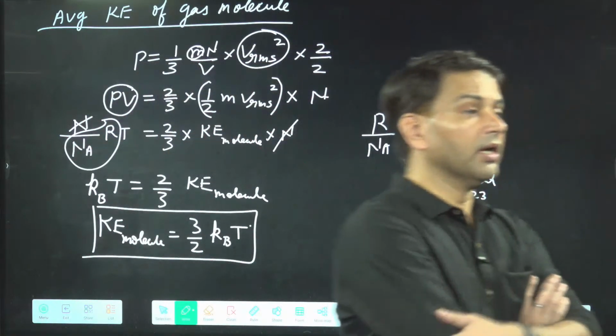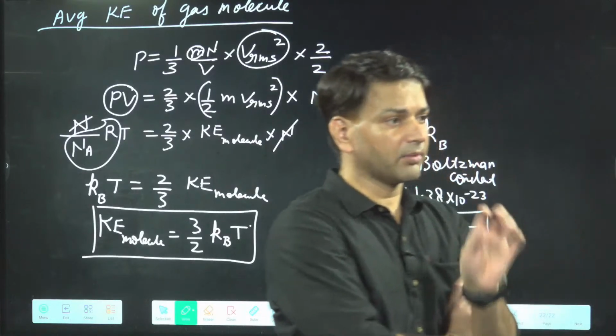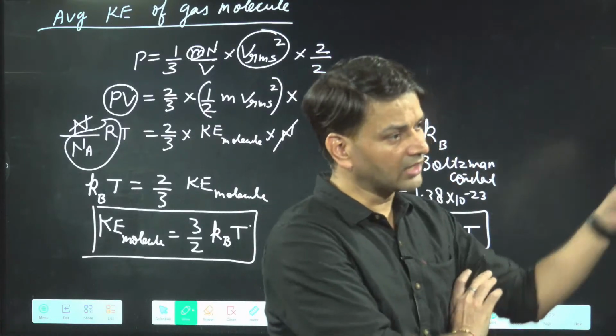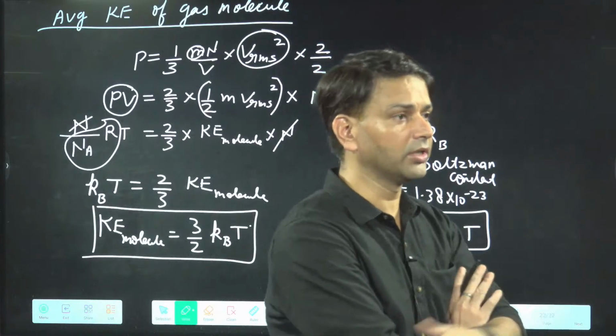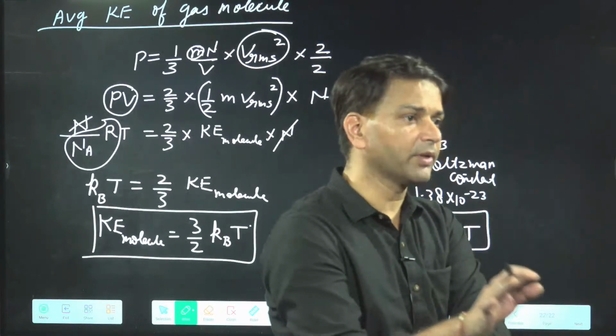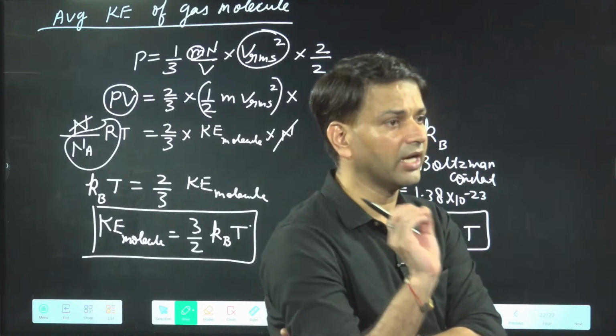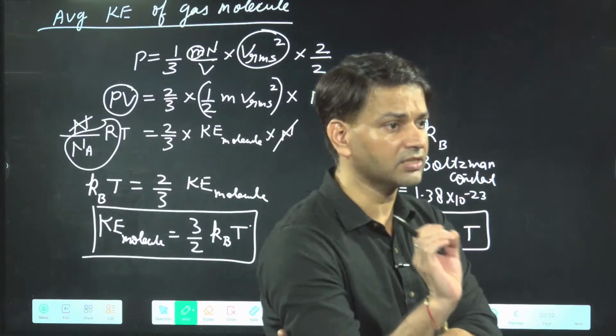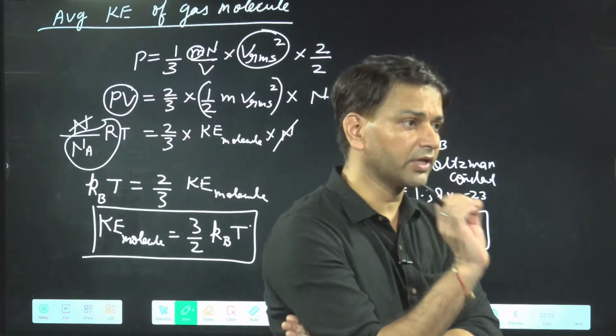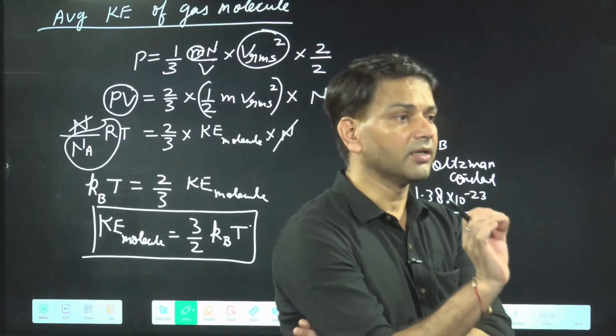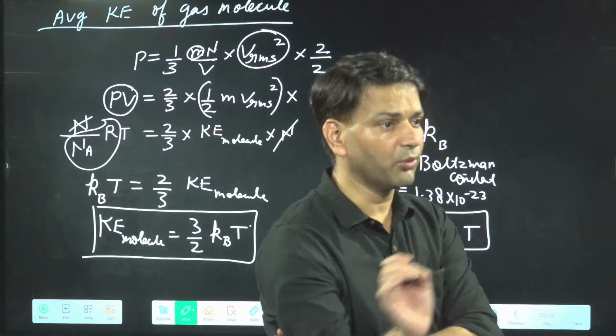Understood? And one more thing to remember: when they are asking about the molecule, whether it is a diatomic gas molecule, monatomic gas molecule, or polyatomic gas molecule, if they are asking the average kinetic energy of a gas molecule, we always write 3 by 2 kT. In NCERT particularly they have given this, it is an important point.